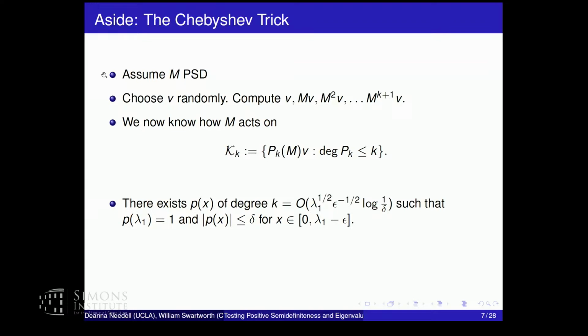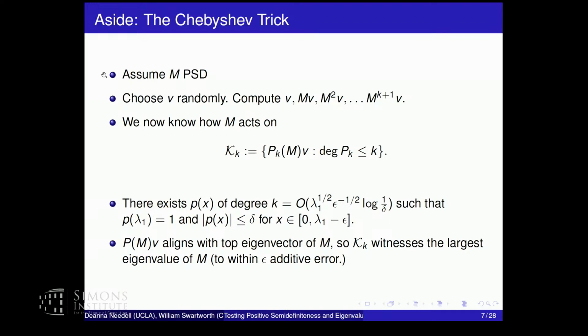And it's going to evaluate to something really small in absolute value, at most delta, if I move a little bit away from the top eigenvalue, if I move epsilon away. So this polynomial is great. You can think of it as just retaining the top eigenvalue and zeroing out all the other eigenvalues. There's a logarithmic dependence on this delta.